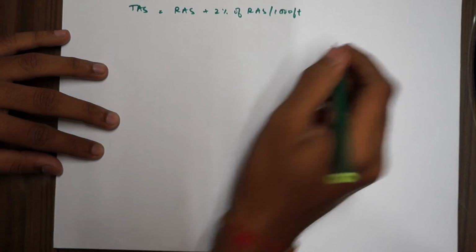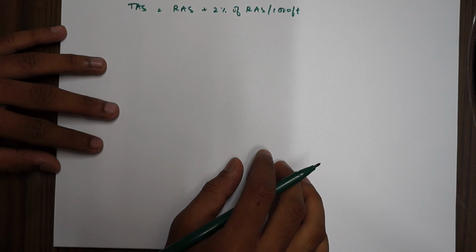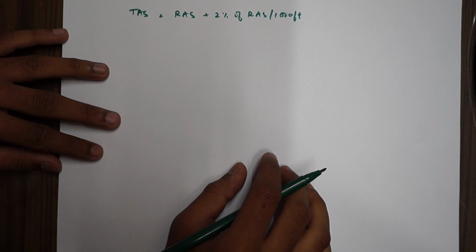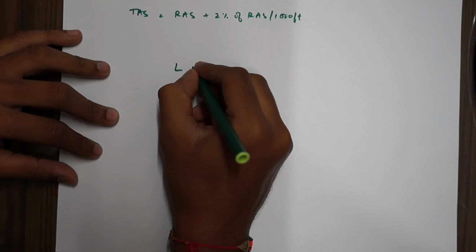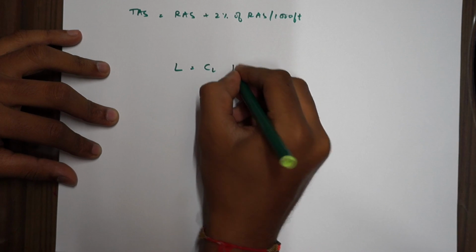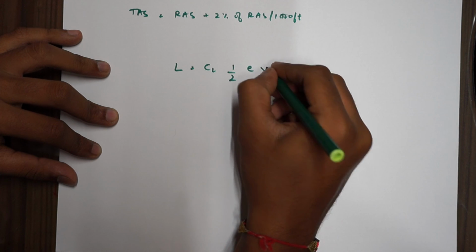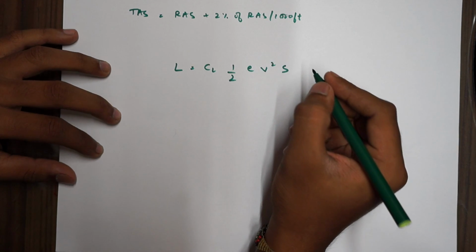Okay, this is how you calculate the TAS. Okay, so now we'll discuss the equation. Lift equal to CL half rho V square S.